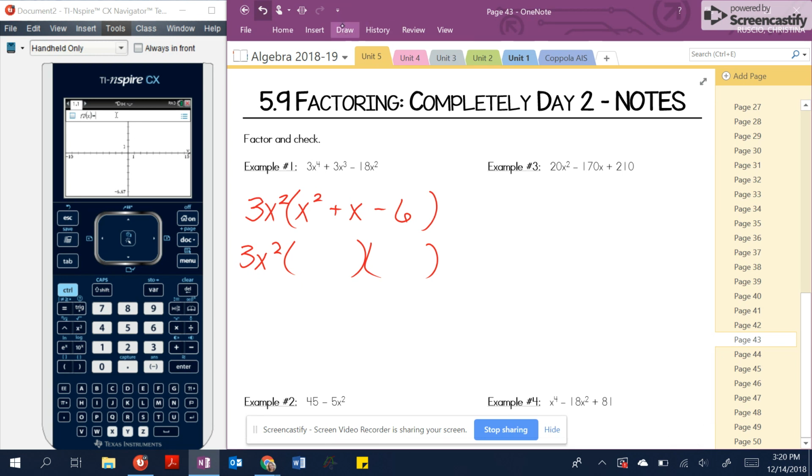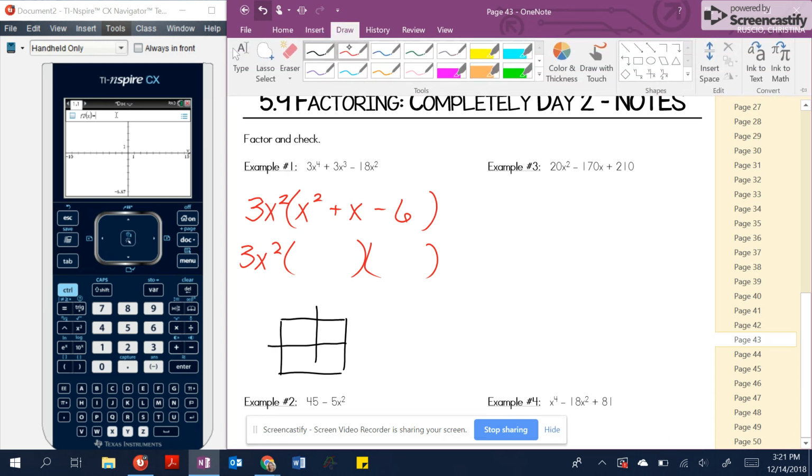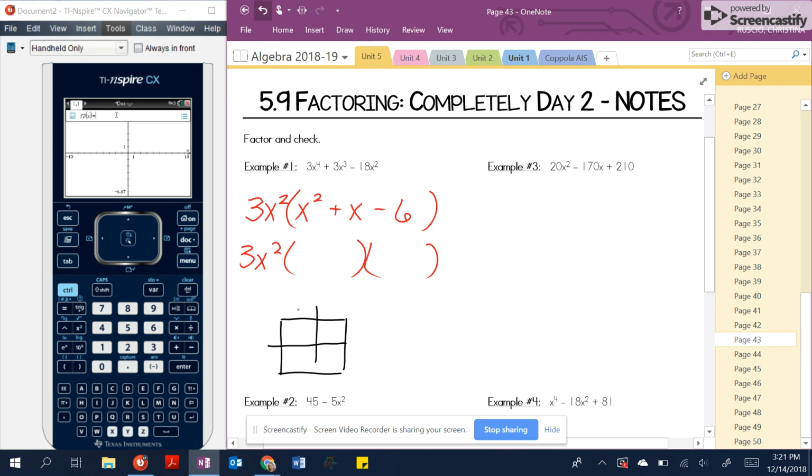So 3x squared is left over, and we're going to try to factor x squared plus 1x minus 6. We can use the box if we would like, or we could try to factor in our brains. Some of you are still set on using the box, which is totally okay with me. So we have x squared plus 1x, and then minus 6.